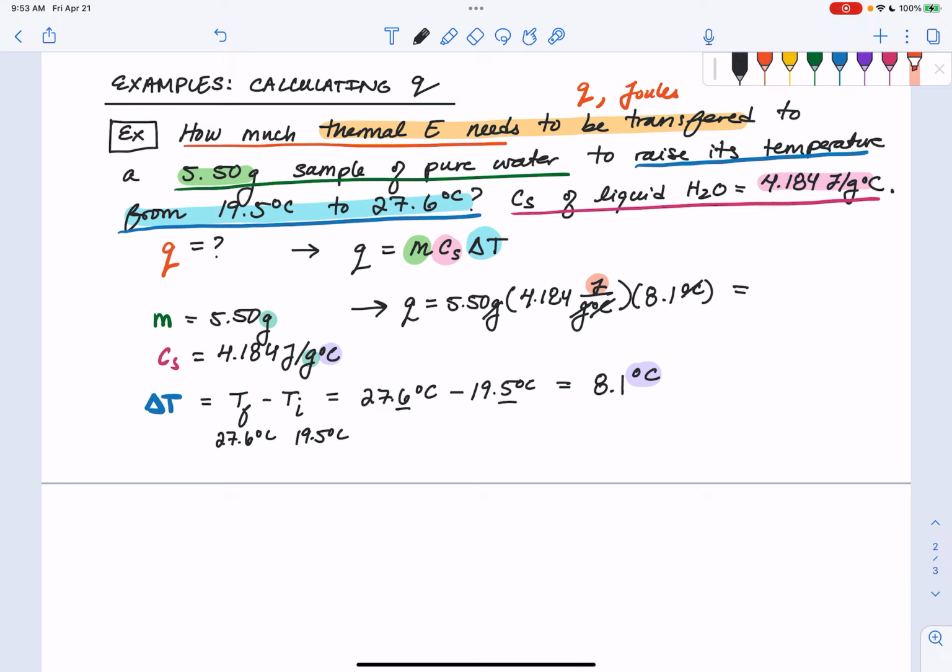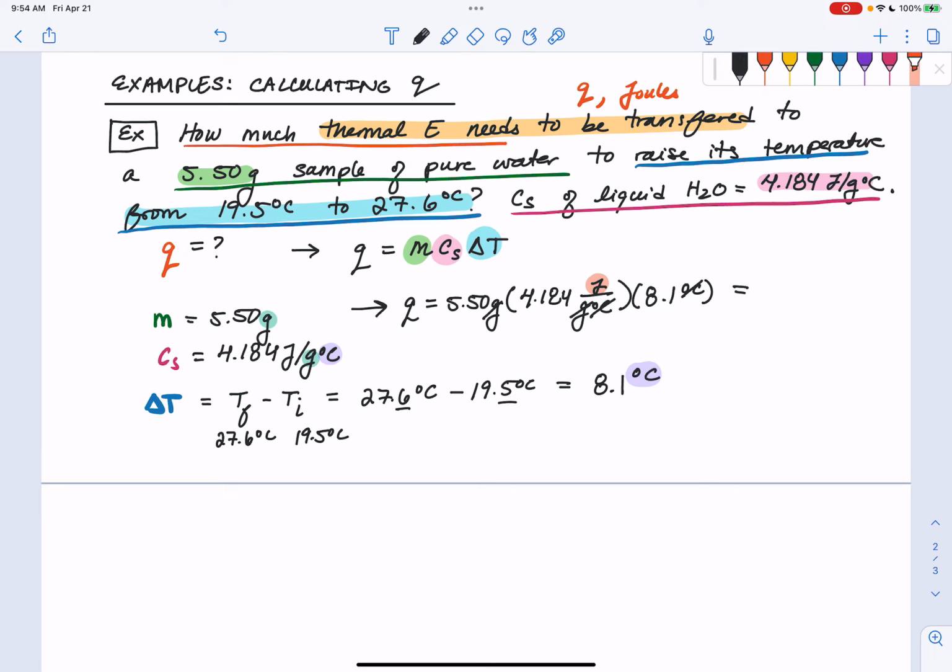Okay, when I do this, I get, and let's think about our sig figs here. Since this is all products, the total amount of sig figs in the result of the product is going to be limited to the least precise number here. Here, that's our temperature, which has 2 sig figs.